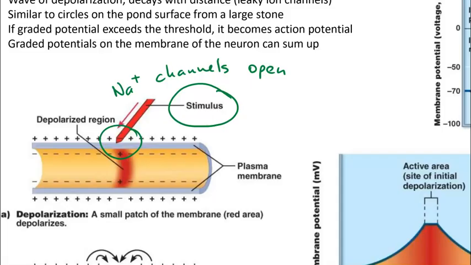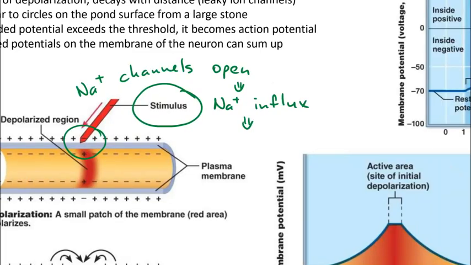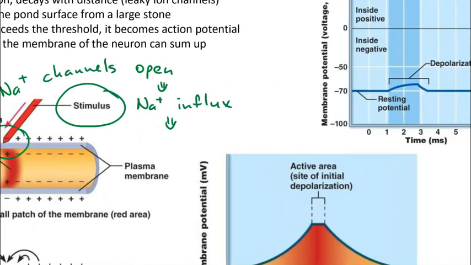And sodium diffuses in which direction? Inside. And does the cell become more positive or less positive? More positive, which means it becomes depolarized. Okay, we're good? Locally depolarized.